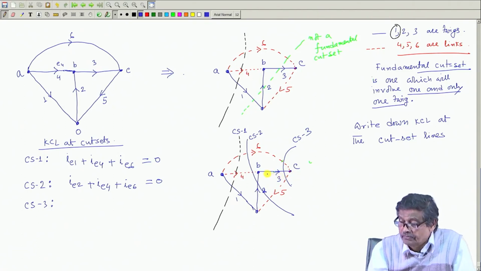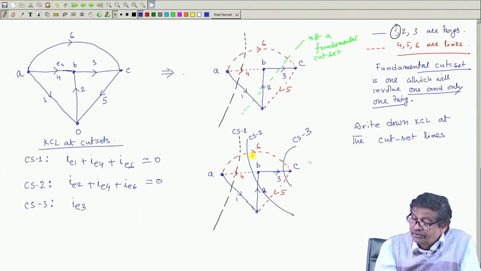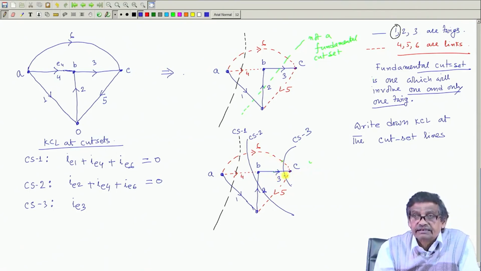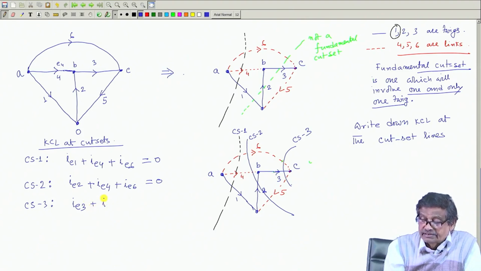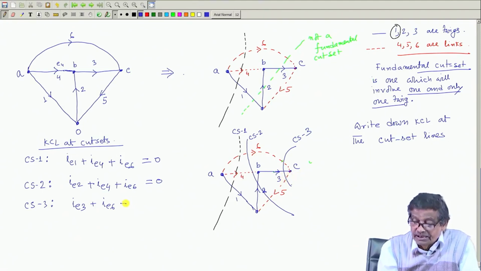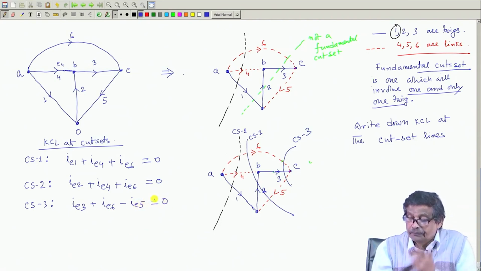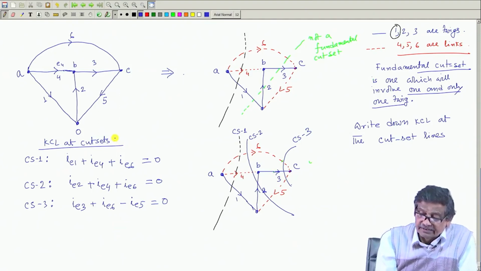From left to right it is crossing, so I will say plus IE3. What about IE6? It is also from this side to this side as IE3 did, so that will also be plus IE6. And this one is the other way, it is crossing, IE5. So, minus IE5 and that will be equal to 0. Got the point? So, this is the KCL at the cut set.